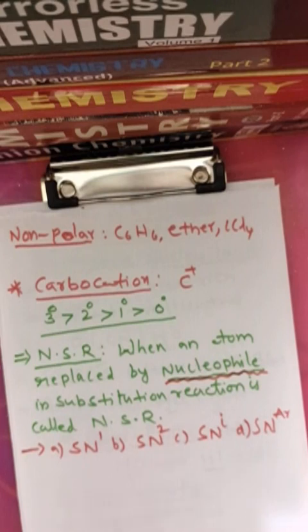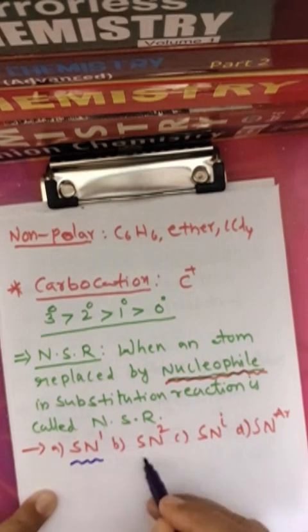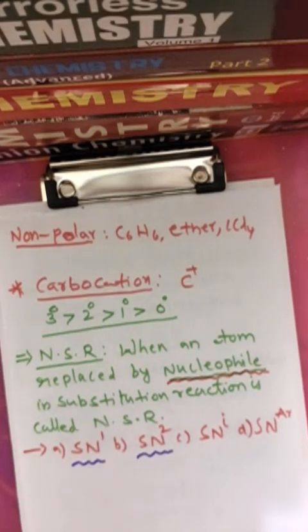SN2 is bimolecular nucleophilic substitution reaction. SNi is intramolecular nucleophilic substitution reaction. SNAr means aromatic nucleophilic substitution reaction. But in our syllabus we have SN1 and SN2.